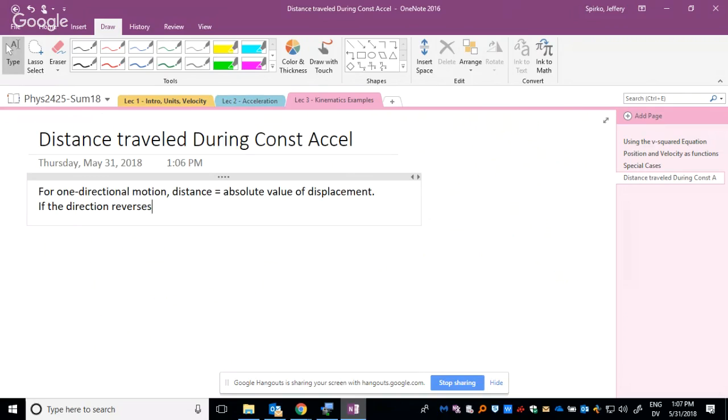Now, in one dimensional motion, you have two possible directions. So if you can move along the x-axis, you could move forward and backwards. So there's the possibility of having a reversal of direction.